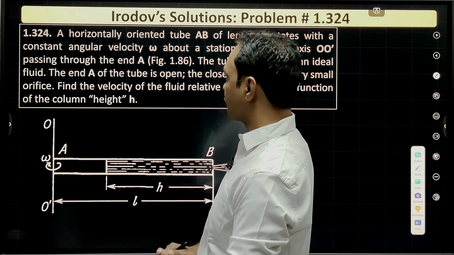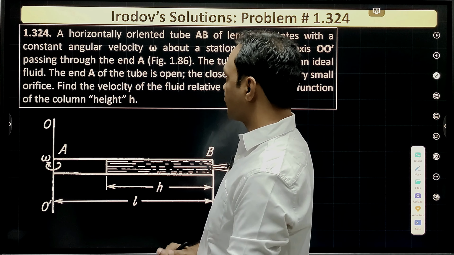From here to here, dP by dx is rho omega square x. So dP is equal to rho omega square x dx, and put the limits here.